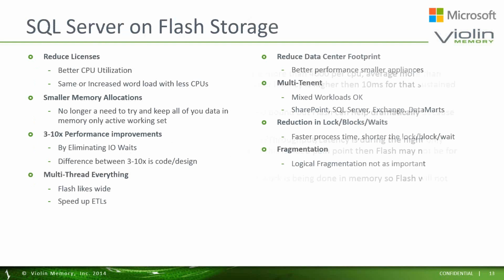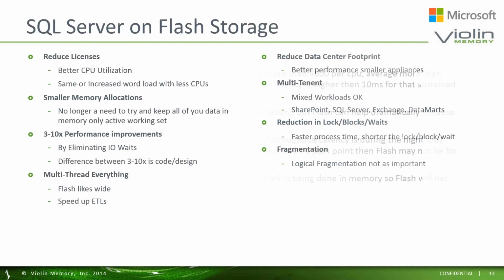We have cases where people have gone from 13 4-core servers down to 2 and done the same, sometimes even more processing. This becomes really critical with VMs, and it becomes really critical if you want to move out of your CAL kind of licensing architecture to your CPU architecture, which saves people a lot of money that way.